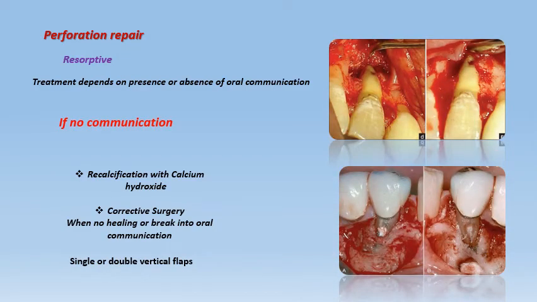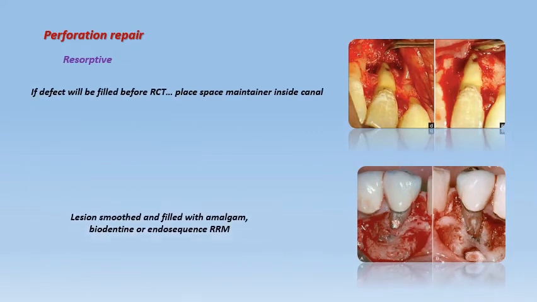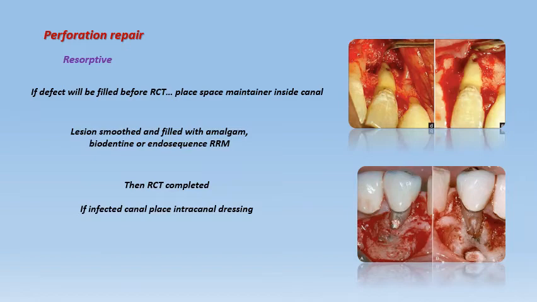I can make a single or double vertical flap, exposing the site and cleaning the resorptive defect, putting materials to kill all the remaining resorptive cells, removing granulation tissue, and restoring with a proper root repair material and closing my flap. Decrease the infection, and then I observe.